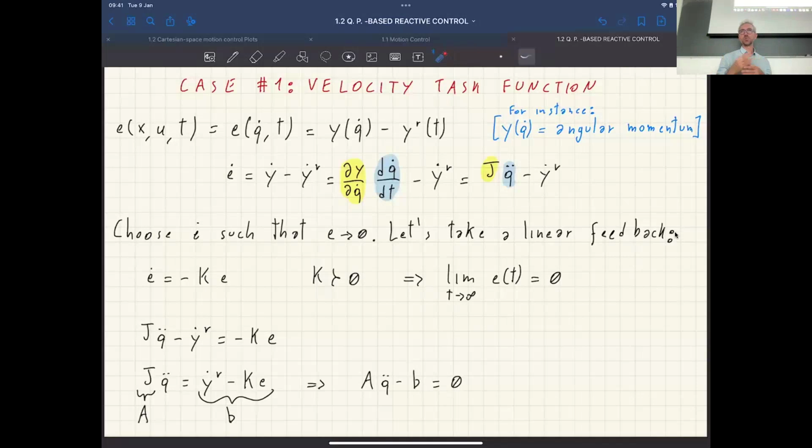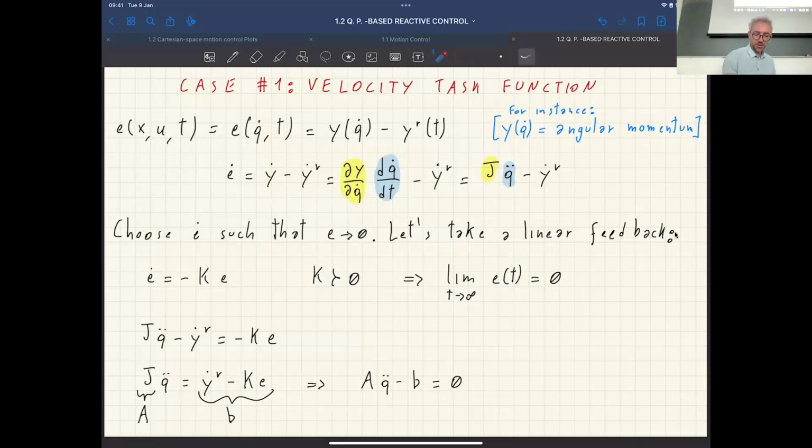That's a very common thing to do, because it turns out that human beings do that while we walk. That's the reason why we swing our arms alternating with respect to the legs. We do that to minimize the angular momentum, even if we don't know it. It happens to be useful.